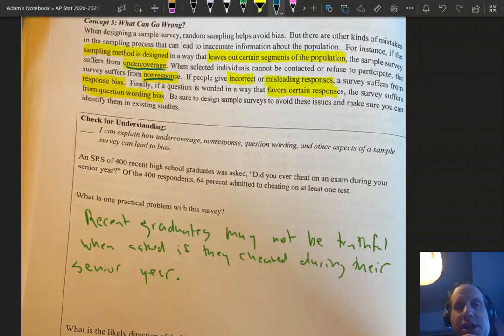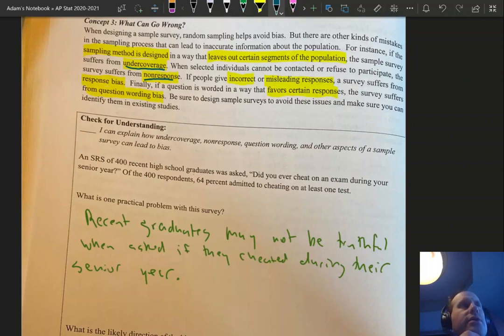So right here, for example, like we gave with the example of voting in general, a lot of people who do not vote have a common characteristic, all right? And so that is going to affect the overall survey, if you consider an election an actual survey. That's what they're talking about with undercoverage.